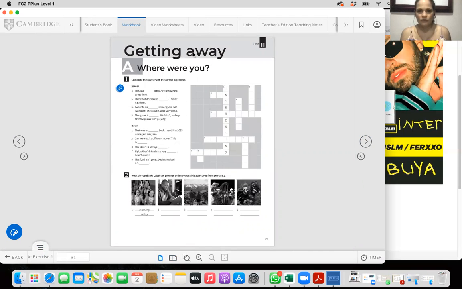So right here, you're going to do page 81 from your workbook. We're talking about adjectives. Remember we saw these in class, adjectives.